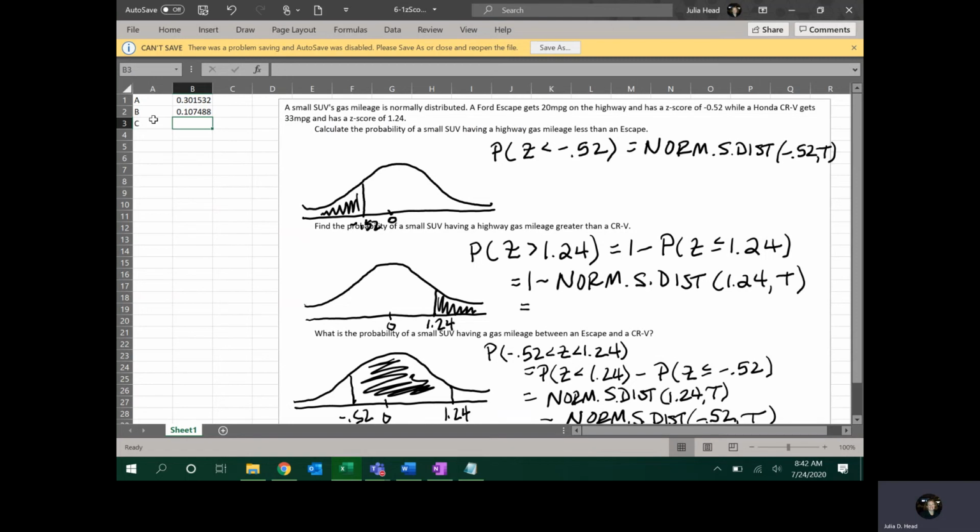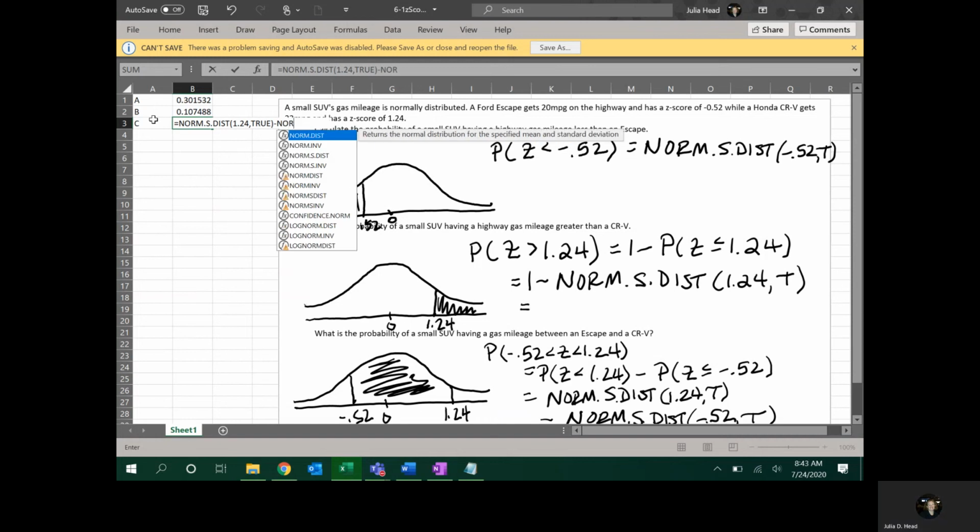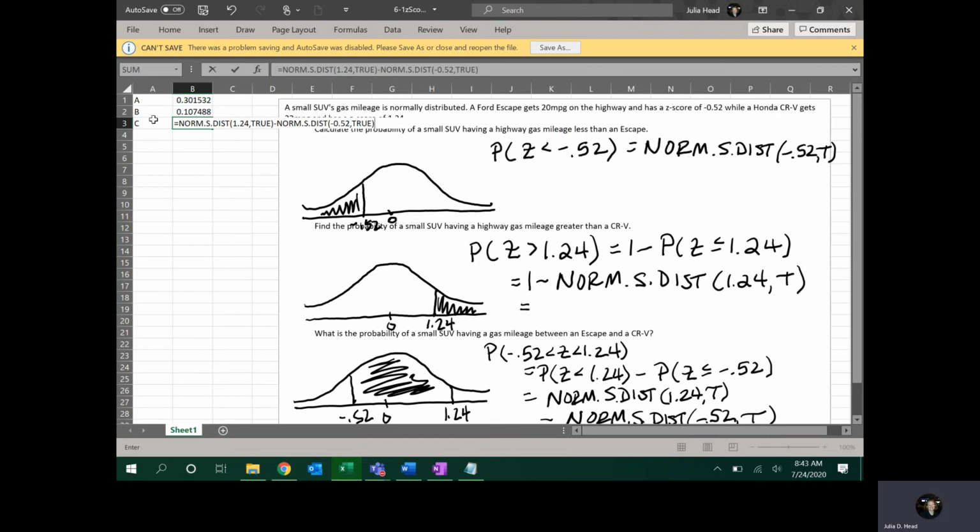And part C, the two norm.s.dist values subtracted from each other, and we get 0.5910.